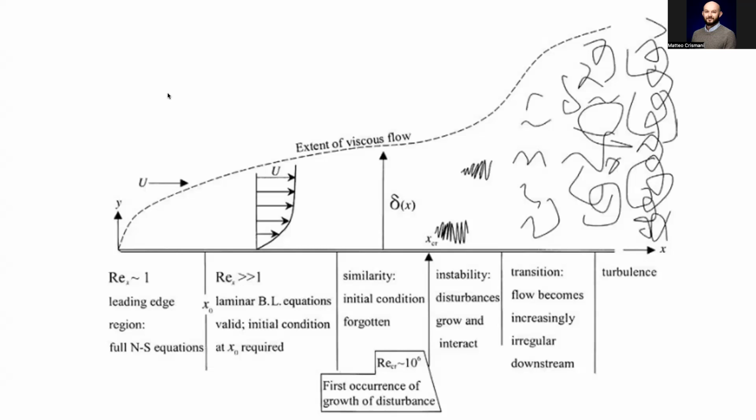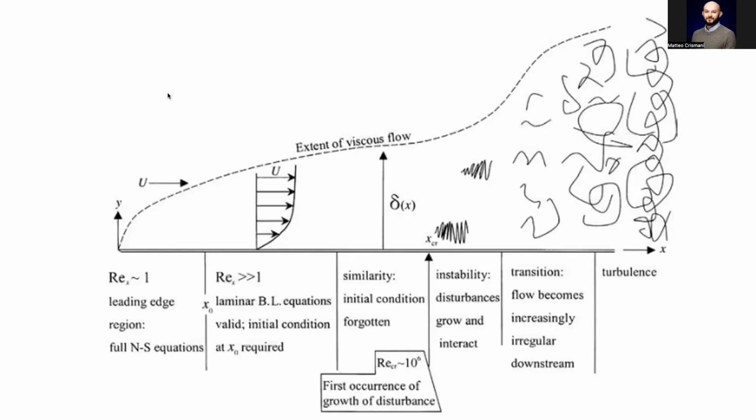You transition here, okay, at this Reynolds number of 10 to the 6, okay? This is the first occurrence of what we call growth of disturbance. So when you have some disturbance, some variability in the flow, that turns into larger variations as opposed to settling out or dissipating. Right?